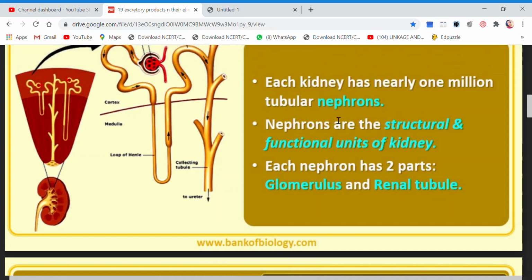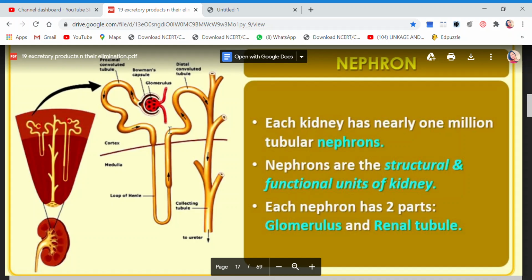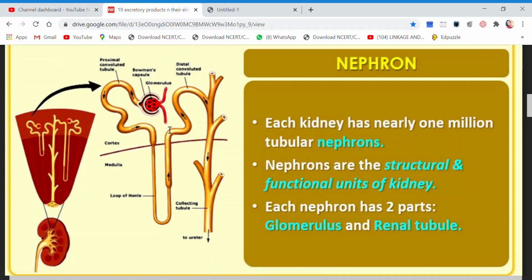Now what is a nephron? The nephron is the structural and functional unit of the kidney. Just like the cell was the structural and functional unit of the body, similarly the nephron is the structural and functional unit of the kidney, because it is the nephron which does the work done by the kidneys. What is the work done by the kidneys? Excretion. So the excretion part is covered by the nephron.